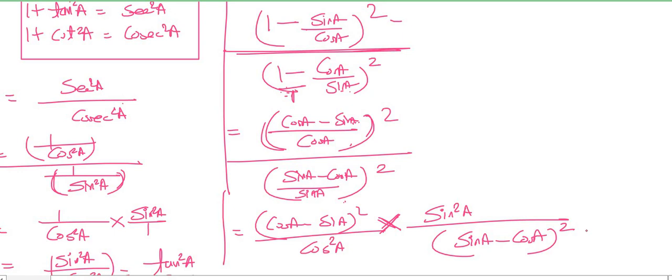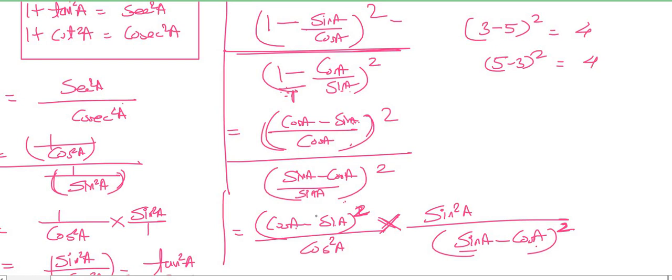Right? If you see carefully, cos minus sin square is same as sin minus cos square, because when we square, both quantities will become positive only. For example, 3 minus 5 square is 4, and 5 minus 3 square is also 4. Correct?